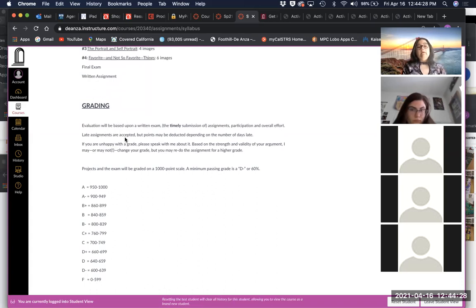Grading, so evaluation or grading, will be based upon a written exam, the timely submission of assignments, participation, and overall effort. Late assignments are accepted, but points may be deducted depending on the number of days late, and also, if you have issues and talk to me about it, generally, we'll work things out.